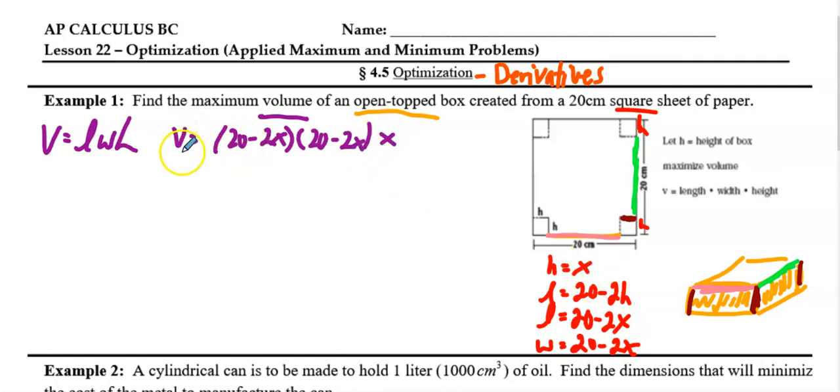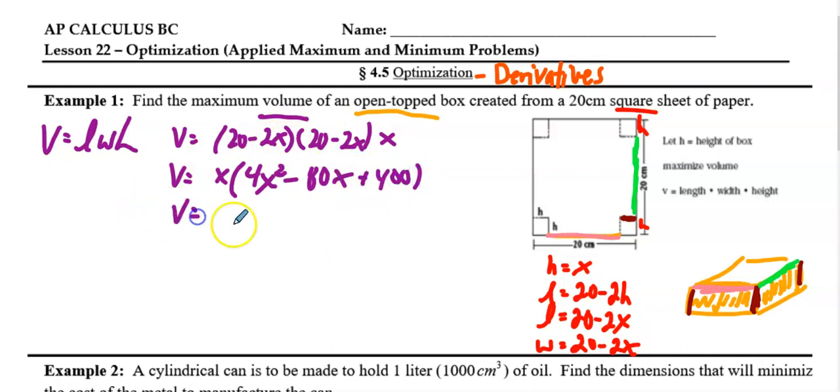And so now, ladies and gentlemen, we were able to do two really awesome things. One, we were able to get an expression for the volume of this particular box. And then more importantly, in terms of one variable. So before we actually start the problem, we're just going to go ahead and simplify this a little bit better by foiling what you see here. And so you're going to get 4x squared, minus 80x, plus 400.